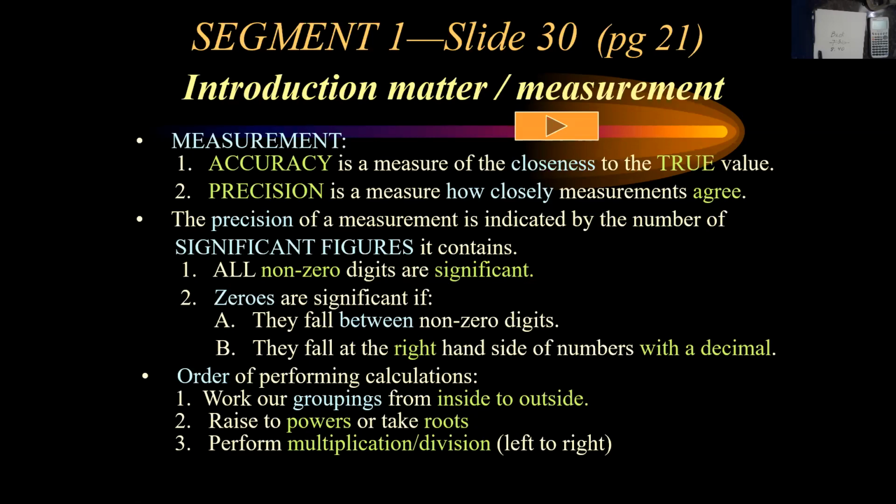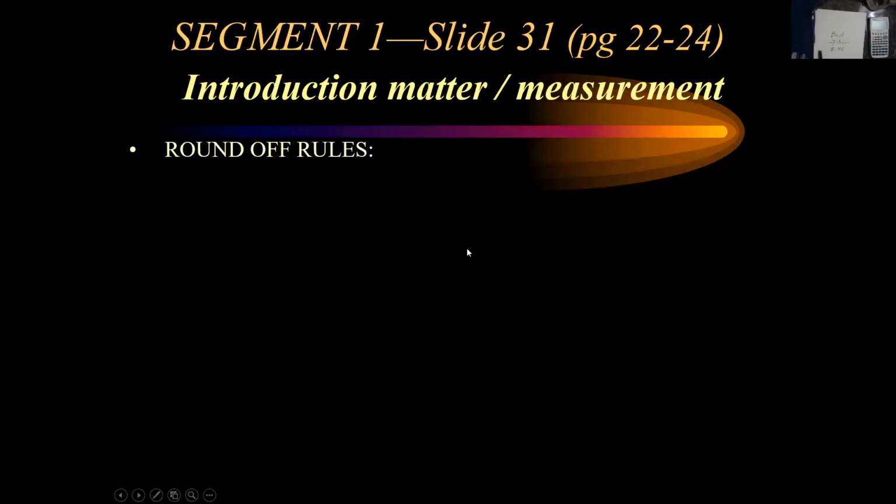I do them left to right so that I don't forget one of them. I'm not going to do all the multiplications first and then all the divisions. I'm going to do them in whatever order they appear from left to right. And then the last thing it does is addition and subtraction, again left to right.